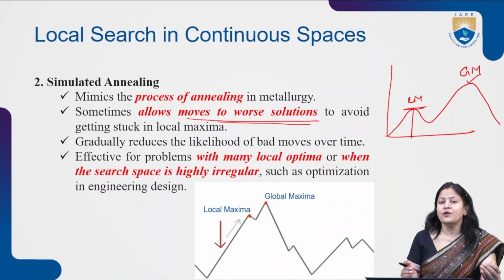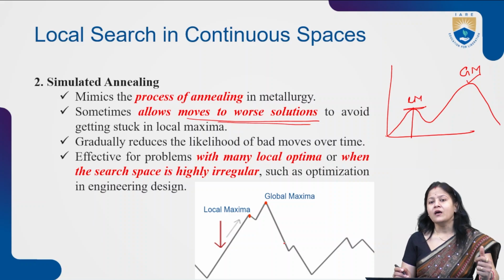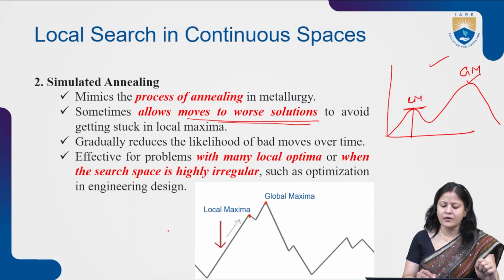Gradually it reduces the likelihood of bad moves over time. So it is effective for problems with many local optima, or when the search space is highly irregular, such as optimization in engineering design. So where can we use this type of simulated annealing algorithm? If the surface is too rough, not smooth. Now you can see this diagram here. This diagram is not smooth like the earlier type of diagram. This is a little bit rough, or very rough, we can say.